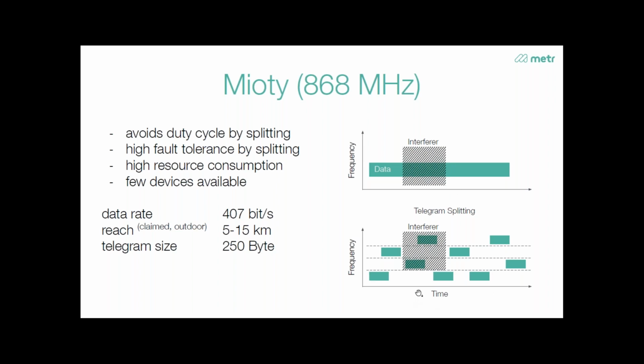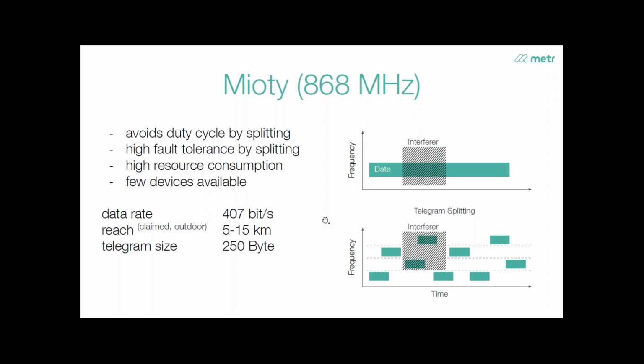There you have the frequency over time, and you see that it splits up the telegram into different frequencies. So if you have an interference and you lose some of the packages, it's not a big deal, because you have all these little split packages and they can be resent. This makes it much more fault tolerant, which is very interesting, and it also avoids the duty cycle. So this way you can send way more messages.